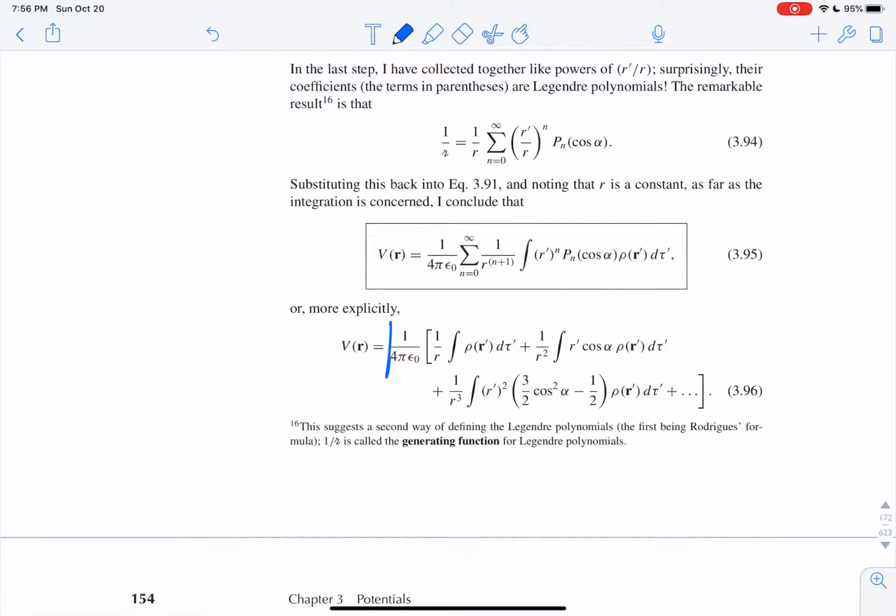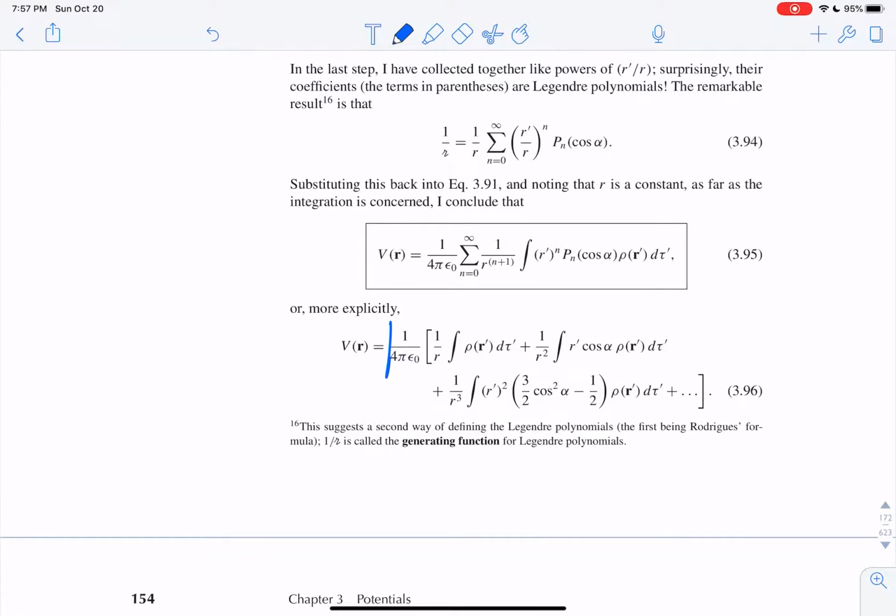And then for n equals 1, you have 1 plus 1, so 1 over r squared, times the integral of r prime to the 1. So you get your r prime there, and then P1 of cosine alpha is defined to be cosine of alpha.